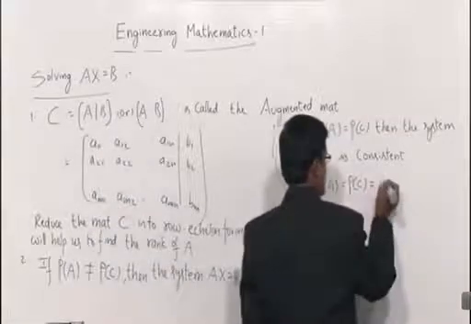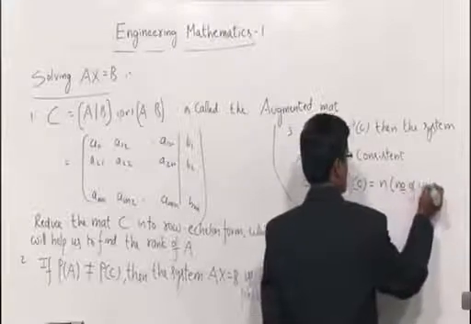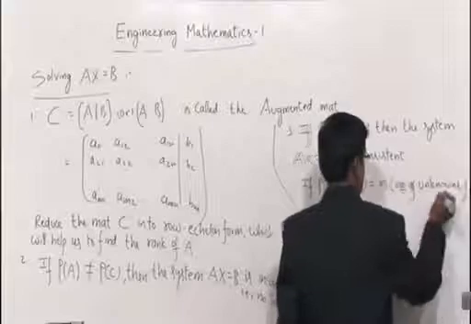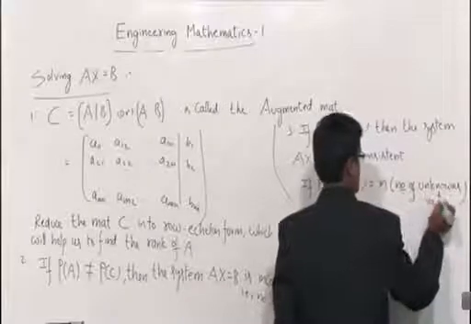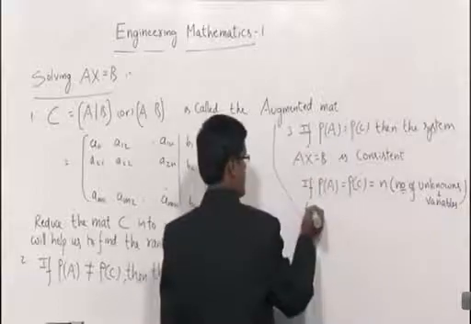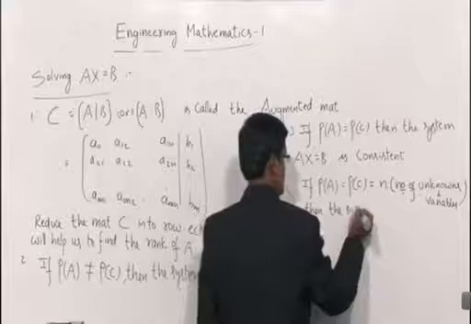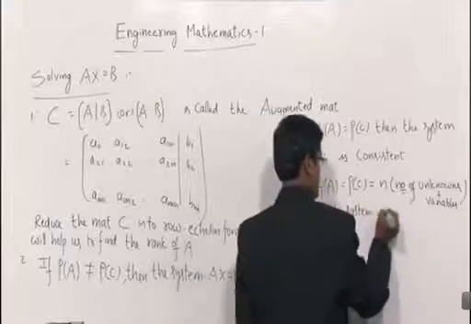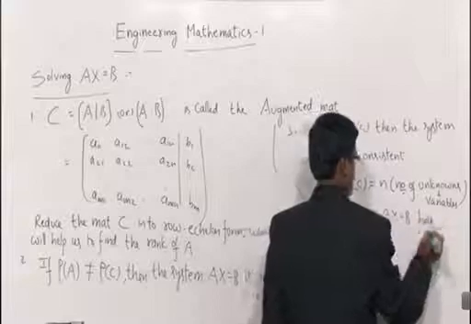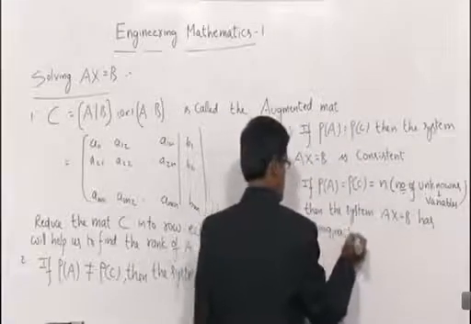Rank is equal to n. n stands for the number of unknowns or variables. This is also called variables. Then the system Ax = B has a unique solution.